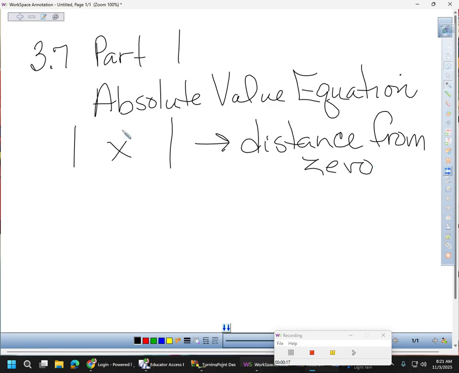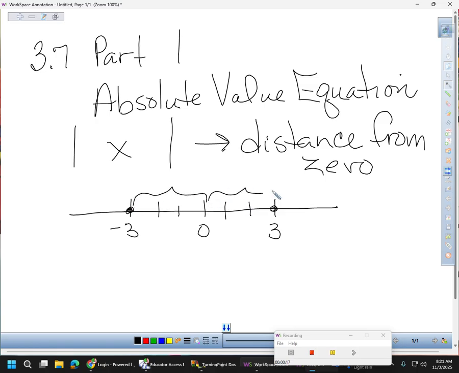So this number inside, whether it be positive or negative, always comes out as positive. For example, if I'm at -3 or at +3, the distance from -3 to 0 and from 0 to +3 are both 3.